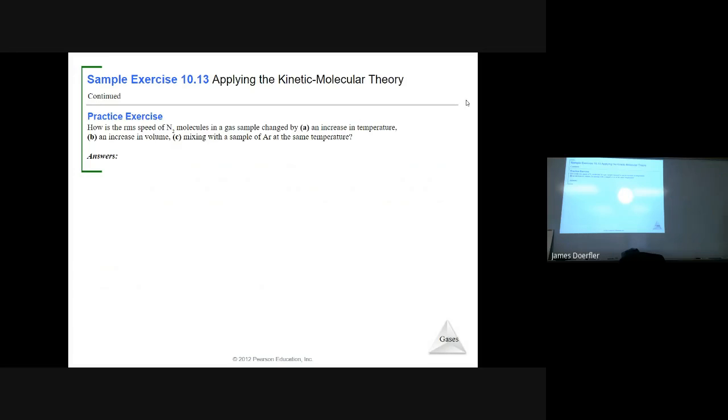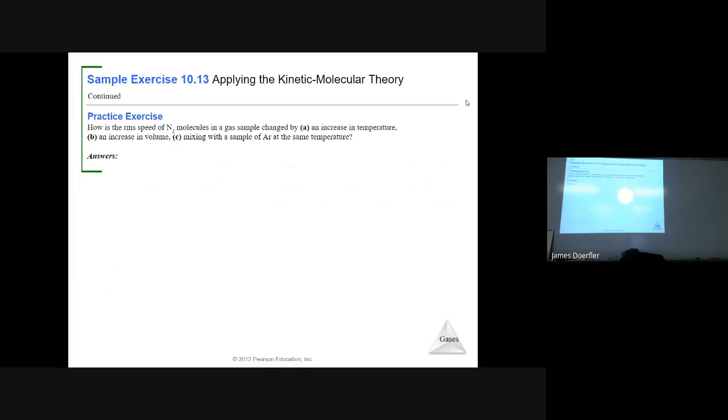And lastly, what about mixing in a sample of argon at the same temperature? If we place argon molecules into the nitrogen gas, but also maintain temperature, is the speed of those molecules going to increase, decrease, or remain constant? What do we think?